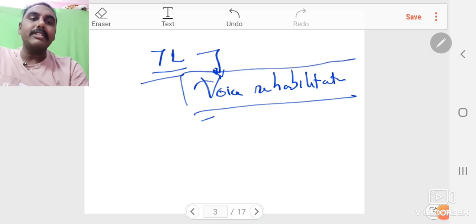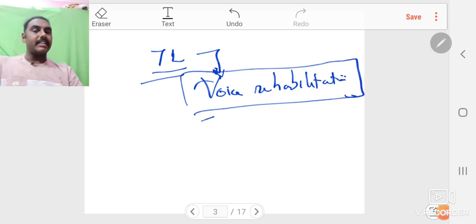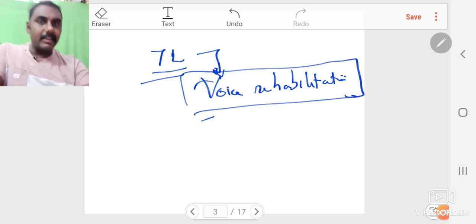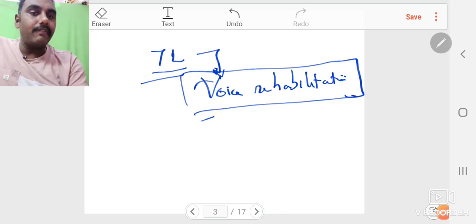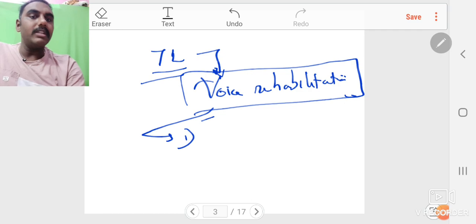So, what are the methods of voice rehabilitation following a total laryngectomy? Obviously, the patient does not have any vocal cord for his voice, so there are different methods which have been tried. One is the artificial larynx.